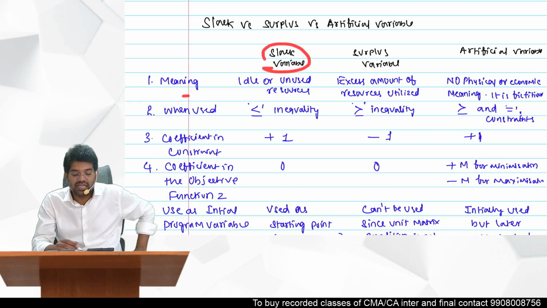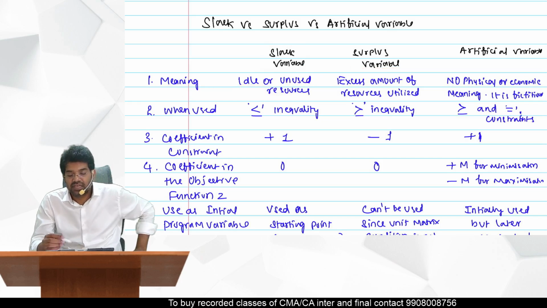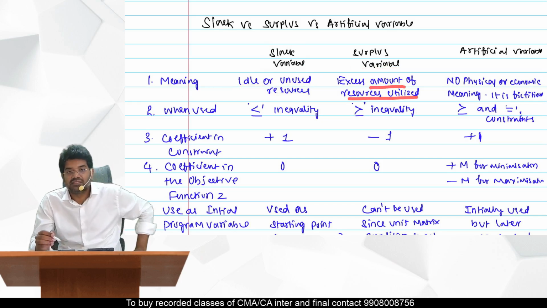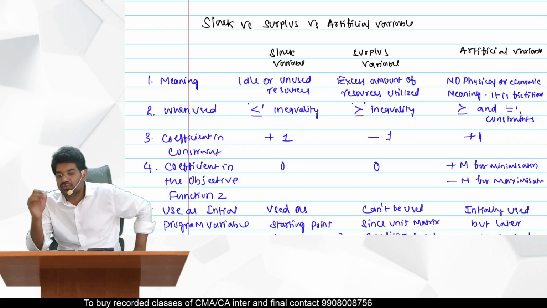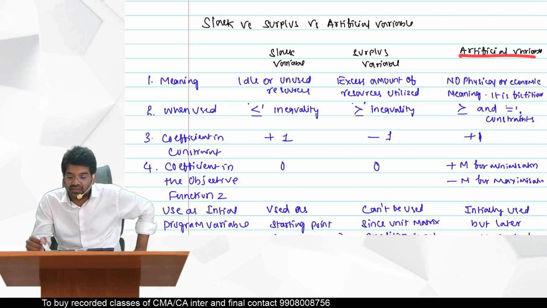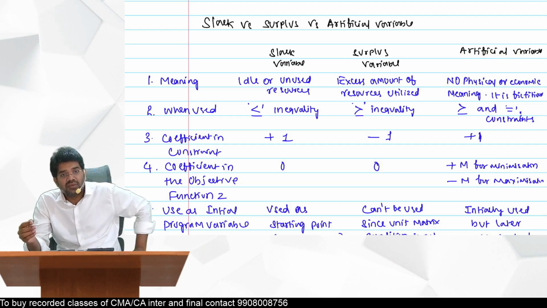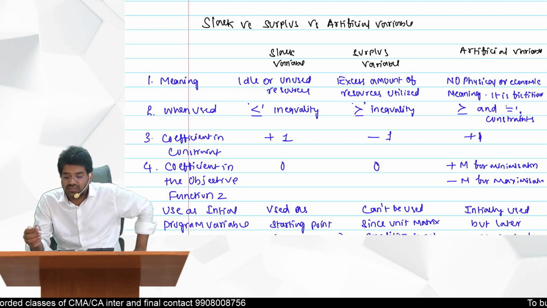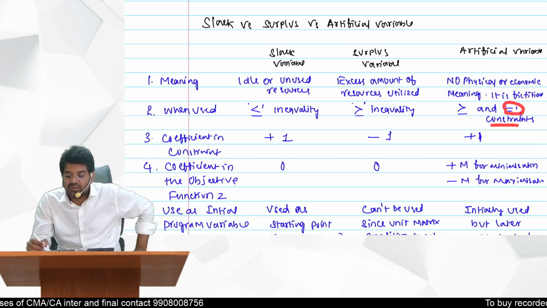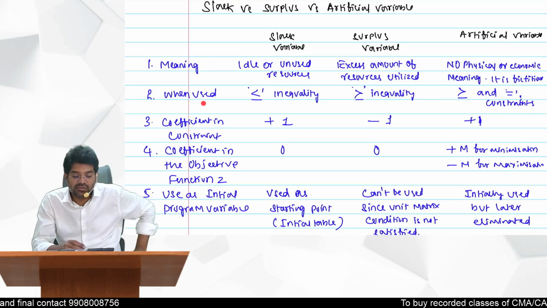What is the meaning of a slack variable? Idle or unused resources. Surplus variable: excess amount of resources utilized, used for greater than or equal to. Artificial variable, we also use whenever we have greater than or equal to constraints.